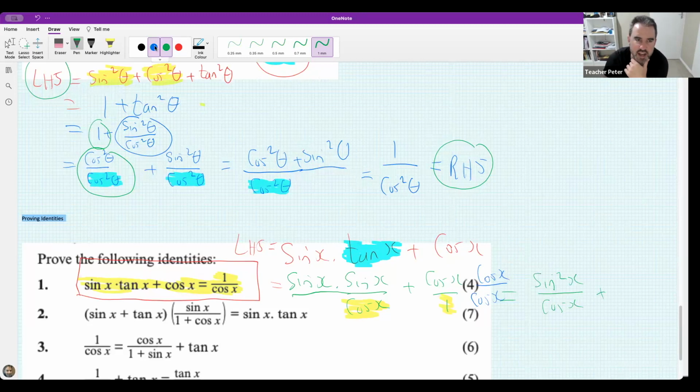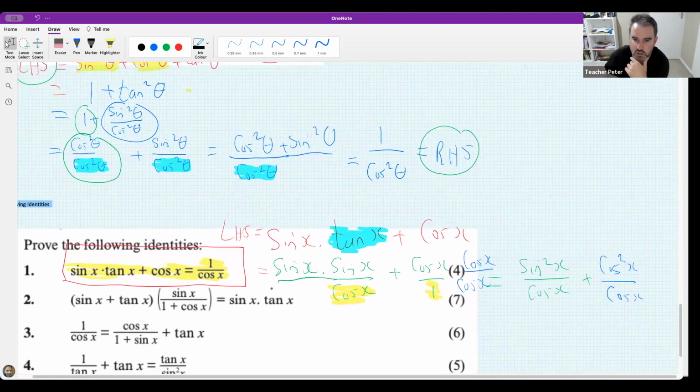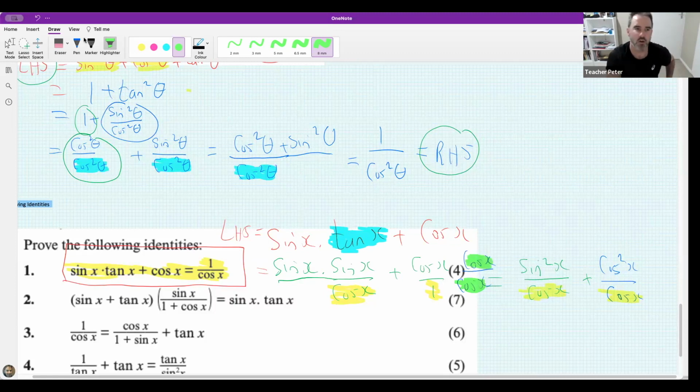And then what you're going to have is cos squared x over cos x. Now, this is good news because I've made it so that the denominators are the same. I times the top and bottom by cos x, and that forced it to have the same denominator. Now, what should I do next?